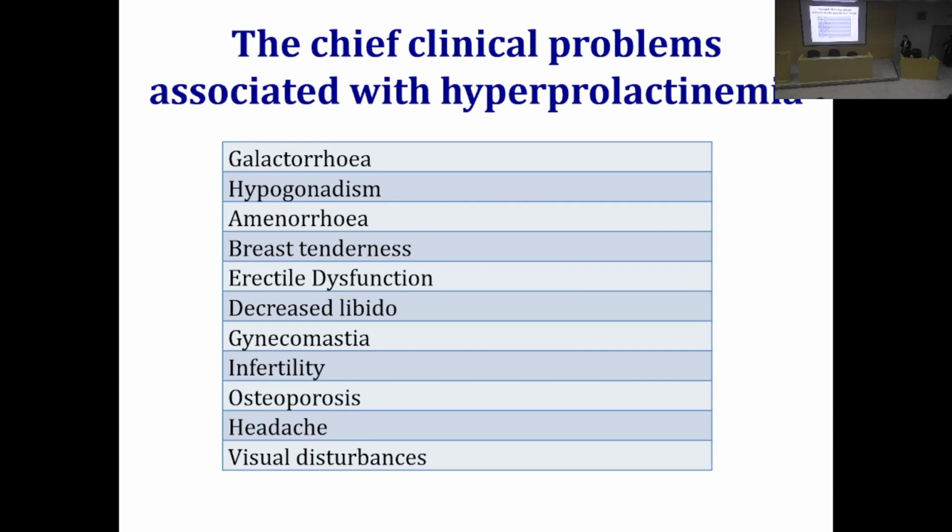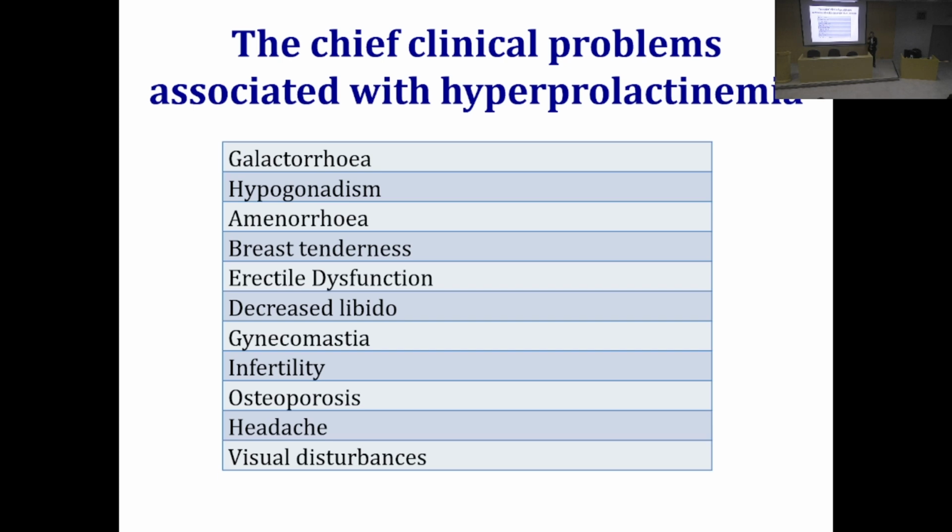How may one present if there is excess prolactin levels? In women in particular, it could be galactorrhea. In men, there could be gynecomastia. Gynecomastia is a condition where there's breast-like tissue in males. And I'm not talking about fat tissue because of obesity, I'm talking about breast-like tissue in males.